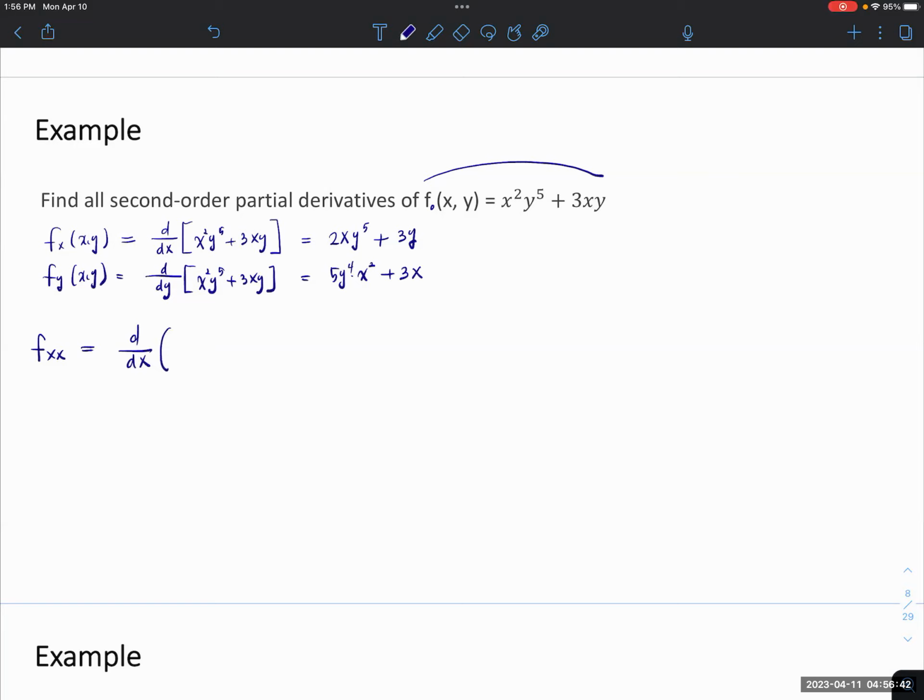What happened? You're going to bring the x, right? This is the x. We are taking f of x, and we are taking the partial derivative of f of x with respect to x one more time. So 2xy to the 5th plus 3y. That's what we are doing. So let me make a big bracket. Keep on going. Are you following?